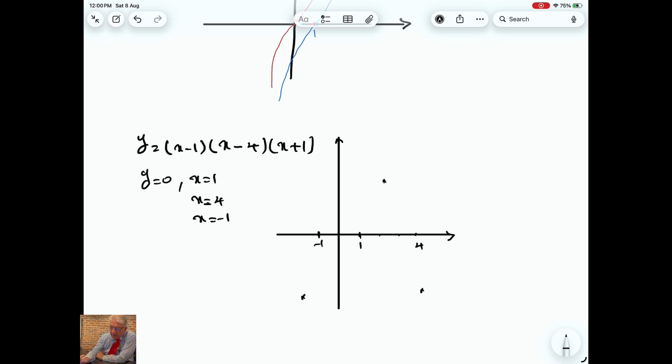So, you can see that if you start from here, go up there, come back down here, and go back down here, and then come back up. All right? So, you have got your graph like this.